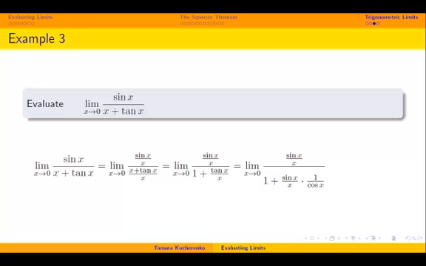Now we are ready to let x go to 0. The limit of sine x over x is 1, and 1 over cosine x also approaches 1 at 0, since cosine of 0 is 1. The limit equals 1 over 1 plus 1 equals 1/2.